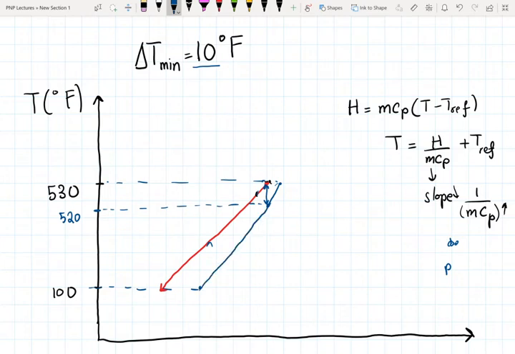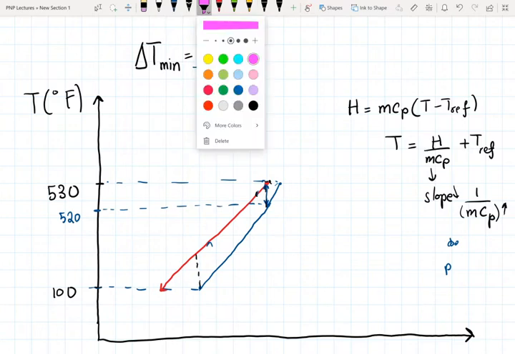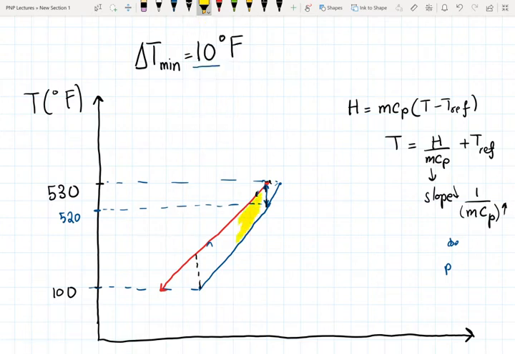Okay, so this is not drawn to scale. Right now, this shaded region that I'm going to show you is going to be the area of heat exchange. So yellow represents the area where we can exchange heat.